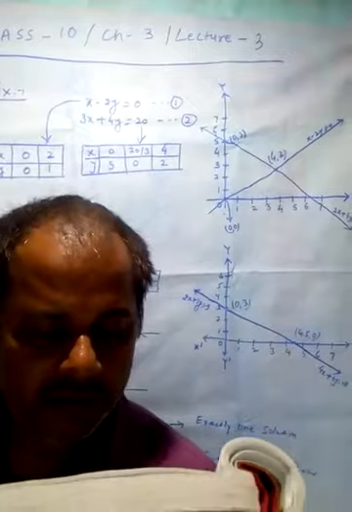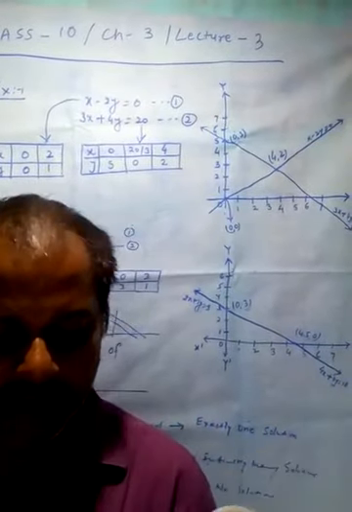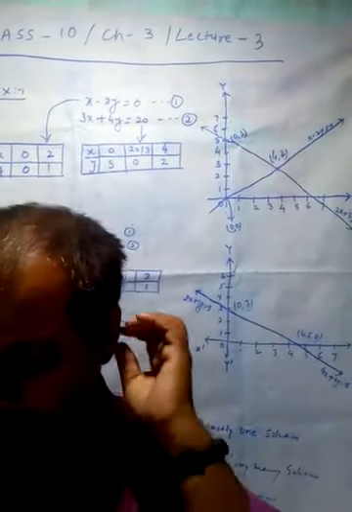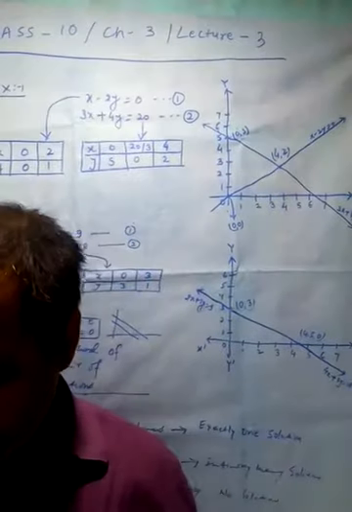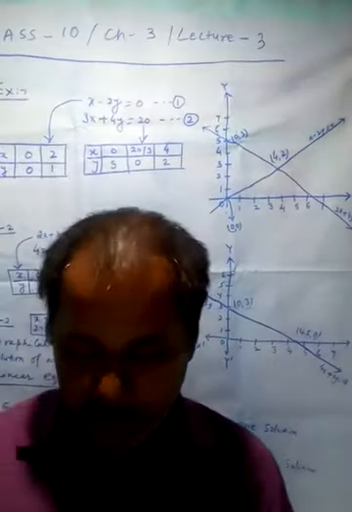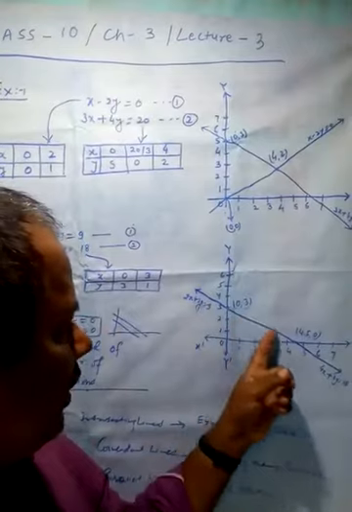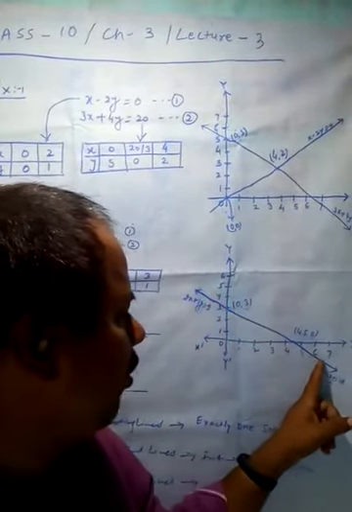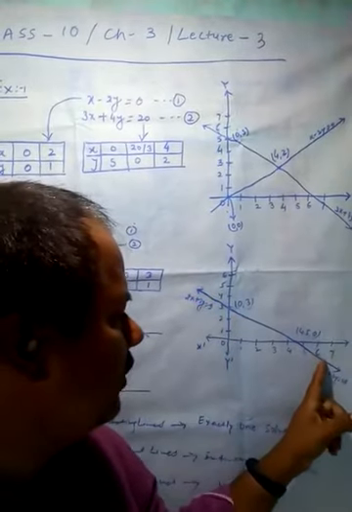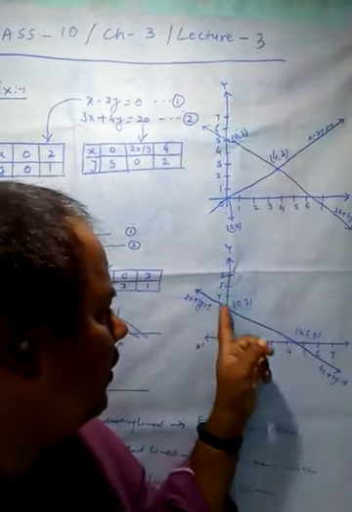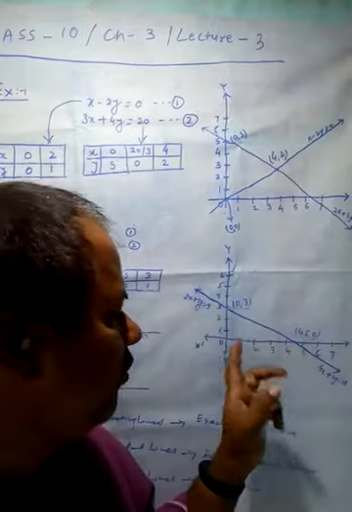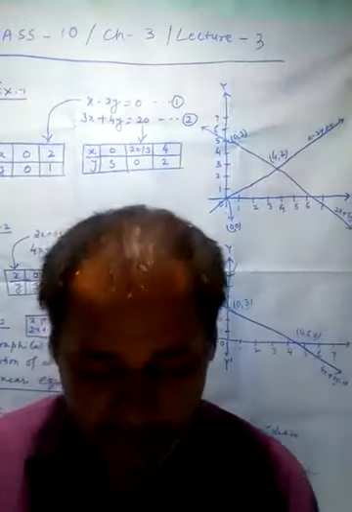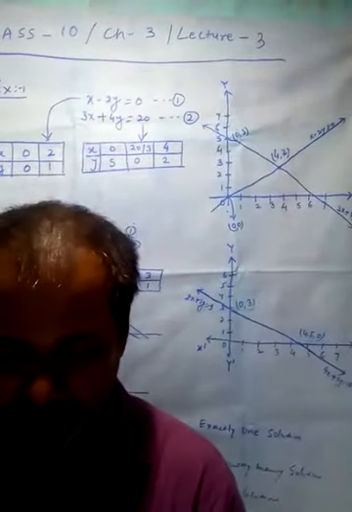So, the equations 2x plus 3y is equal to 9 and 4x plus 6y is equal to 18 have infinitely many solutions. Every point on this line is a common point for both the equations, and hence this pair of linear equations has infinitely many solutions.